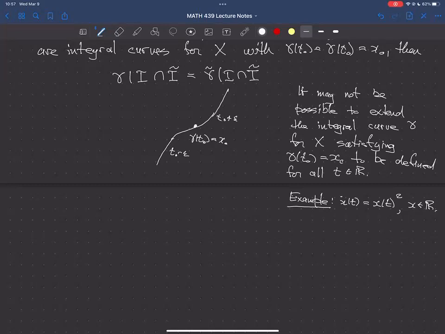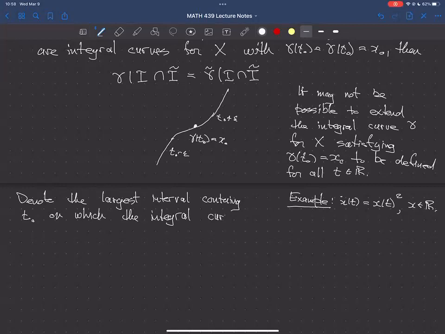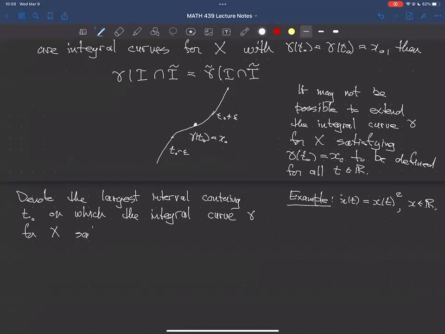So we're going to denote the largest interval containing t naught on which the integral curve gamma for x satisfying gamma of t naught equals x naught is defined.